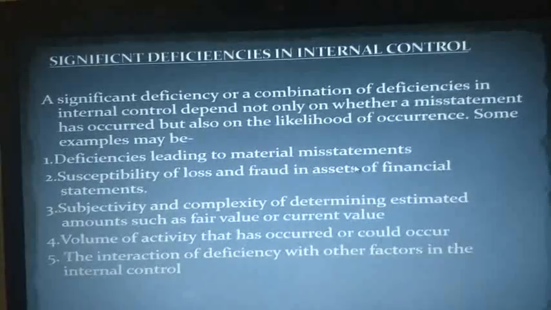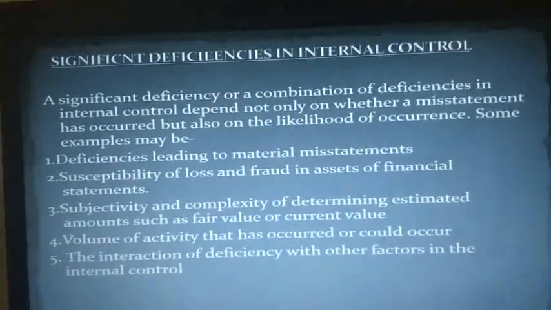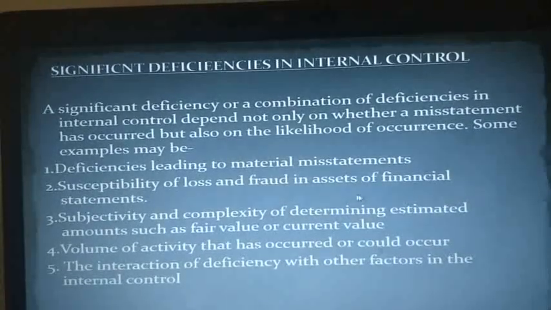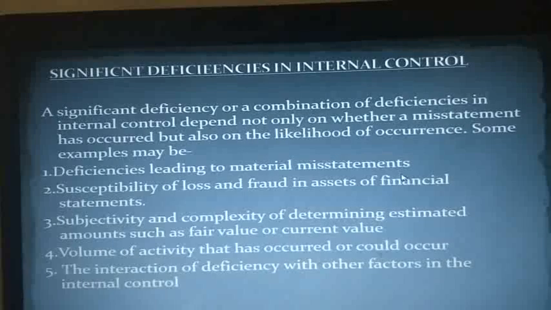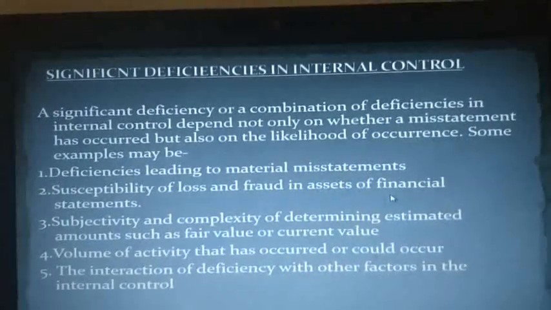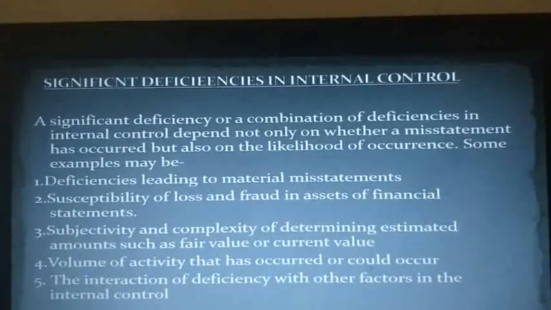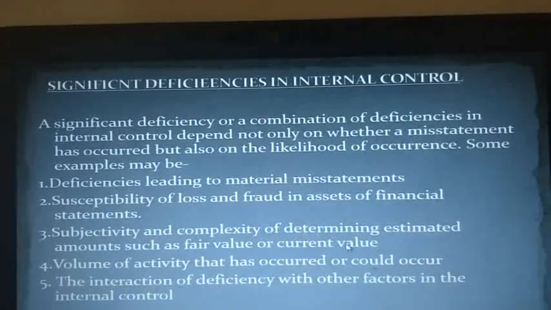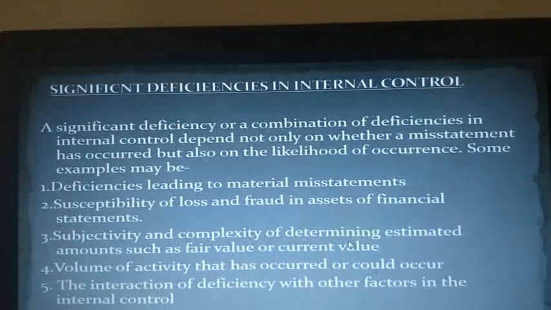Susceptibility of loss and fraud in assets of financial statements. You can suspect loss and fraud in assets, because most of the time the asset might not even be available in the company. Subjectivity and complexity of determining estimated amounts such as fair value or current value.